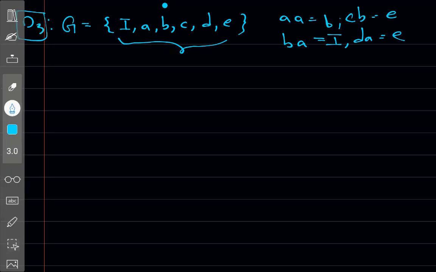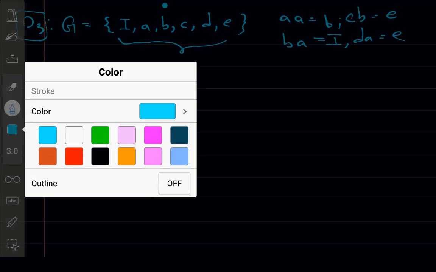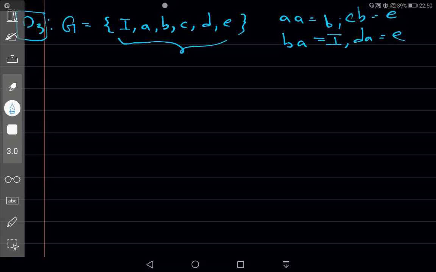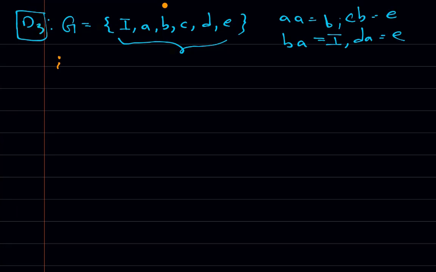The first thing I can show you is that we do have a 2 cross 2 unitary representation of all these elements. So there exist 2 cross 2 unitary matrices that represent these elements.